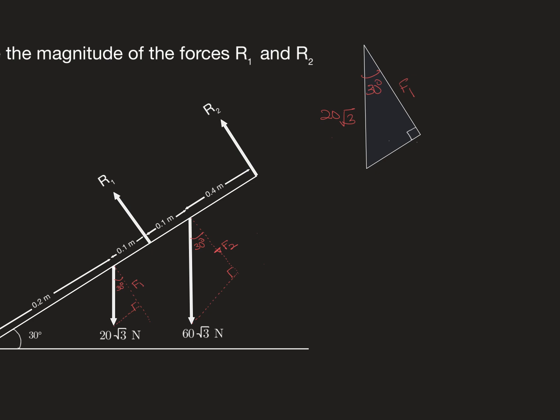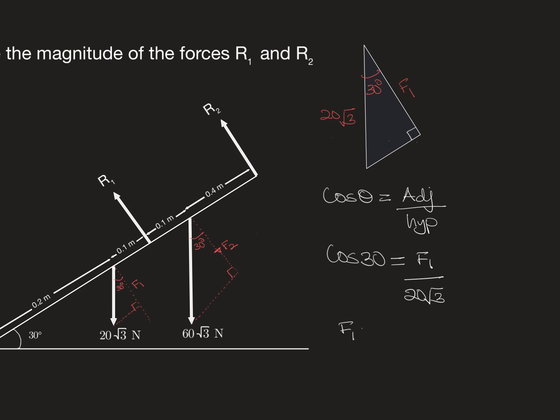If I use cos theta is equal to adjacent over hypotenuse, then cos of 30 degrees is equal to the adjacent, which will be F1, over the hypotenuse, which will be 20 root 3.